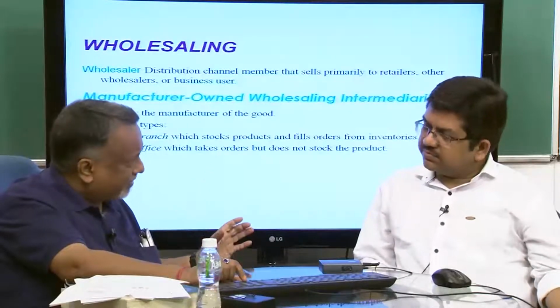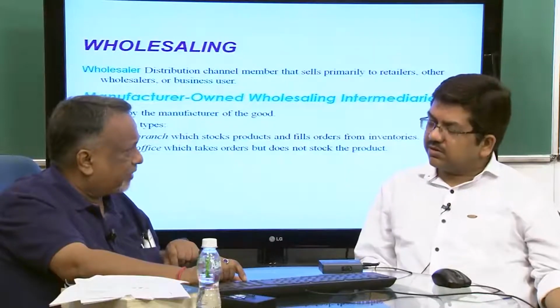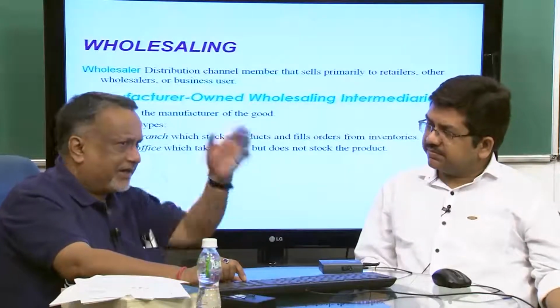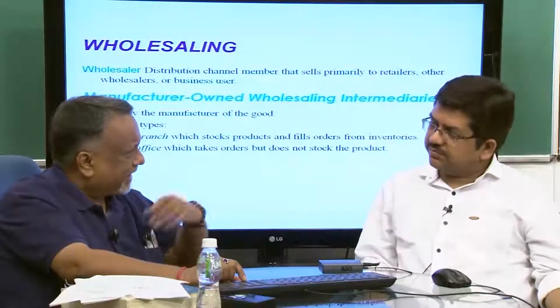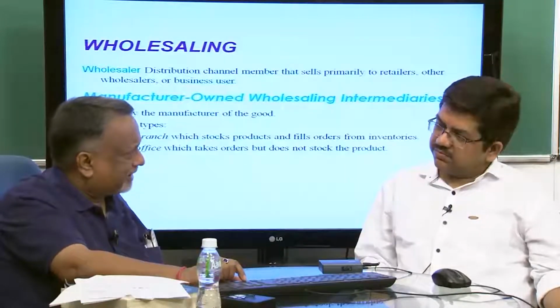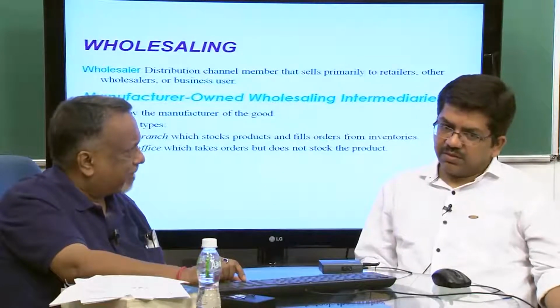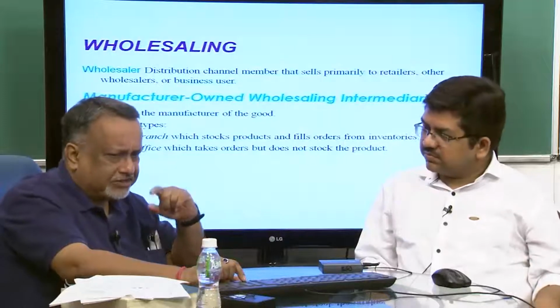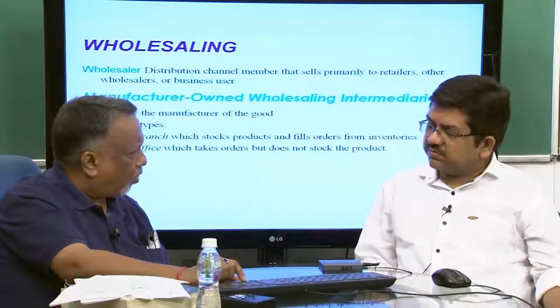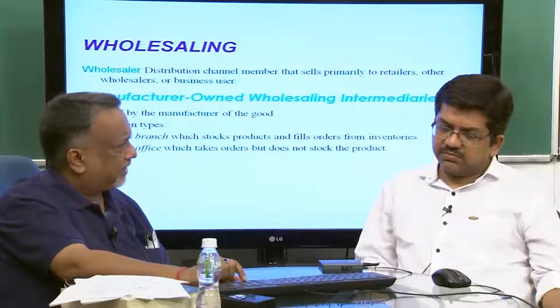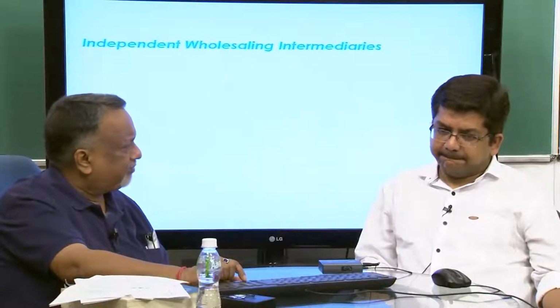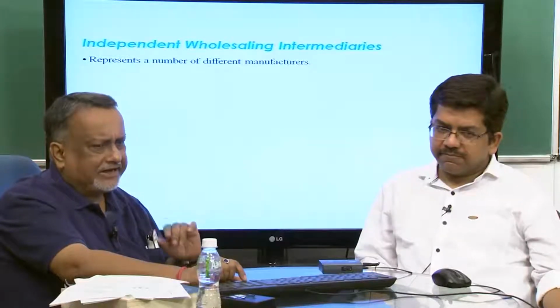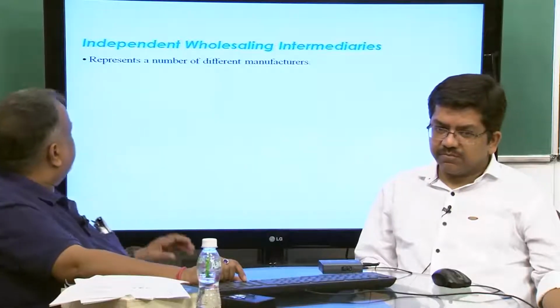You can move inventory from one location to another if there is sluggish demand here and more demand elsewhere, or if there is an emergency requirement at some place for an industrial part. If you have this form of manufacturer owned wholesale arrangement, then it will be easier. But normally it is independent wholesaling intermediaries.